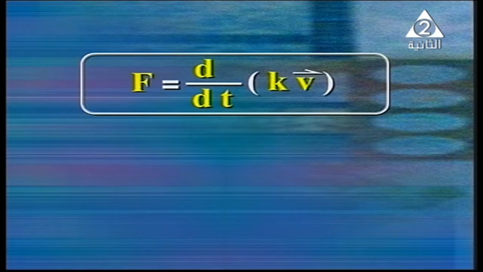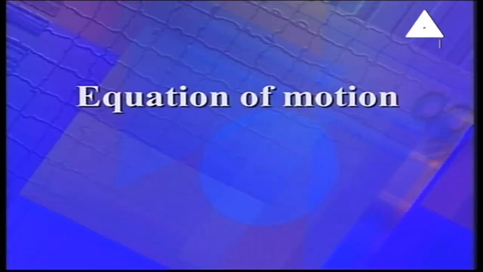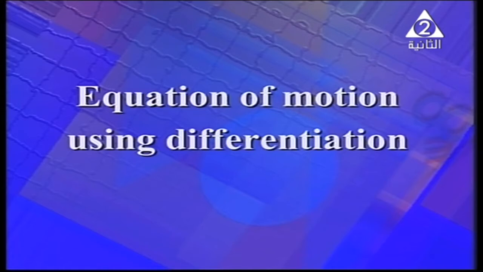Then the force equals the differentiation of kv vector. We deduce that the sum of F equals d over dt of mv. This is the equation of motion using differentiation.